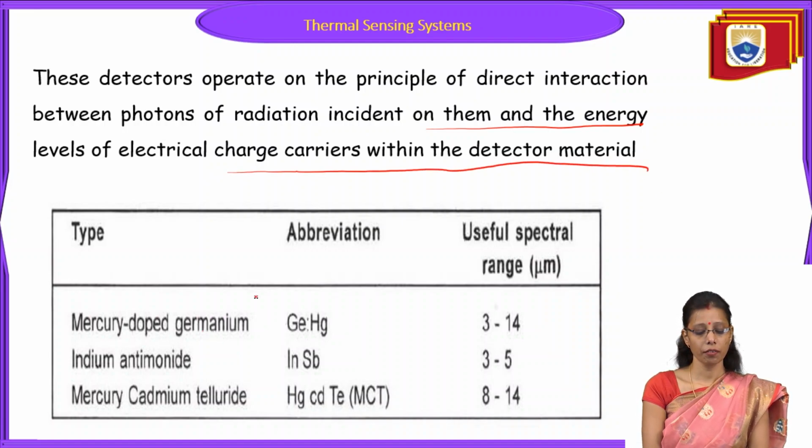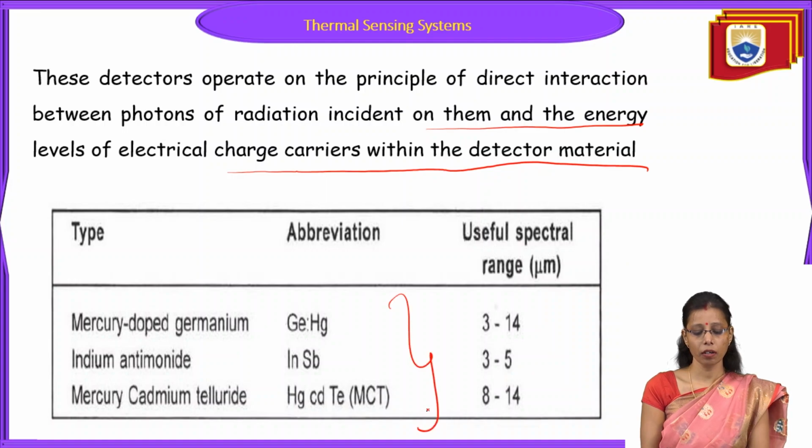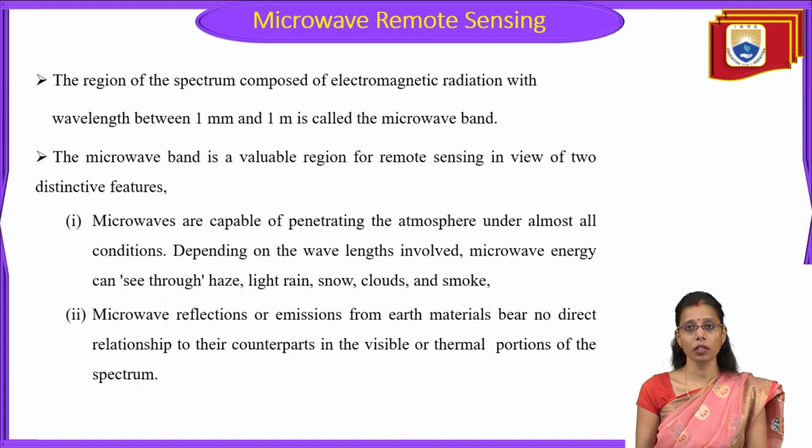Now, these are the different types of material here, like mercury doped germanium, indium antimonide, mercury cadmium telluride. These are all useful spectral ranges, 3 to 14, 3 to 5. So if you want to detect all these types of material, it can be detected with the help of this thermal sensing system. So the thermal sensor can detect all these types of features on the earth surface.